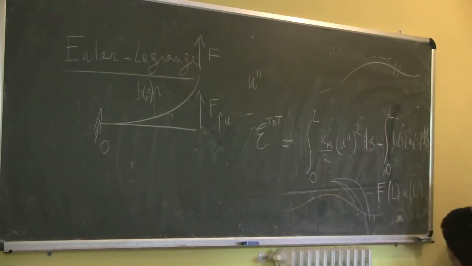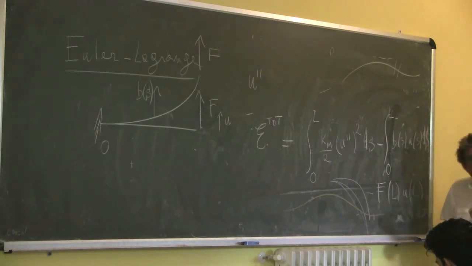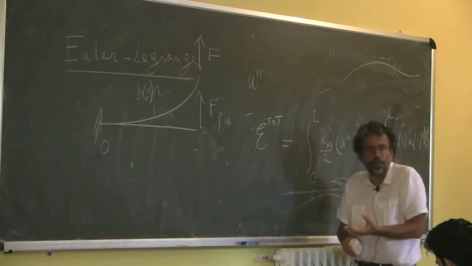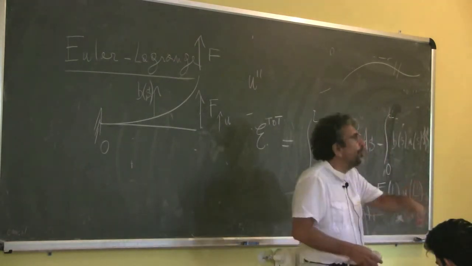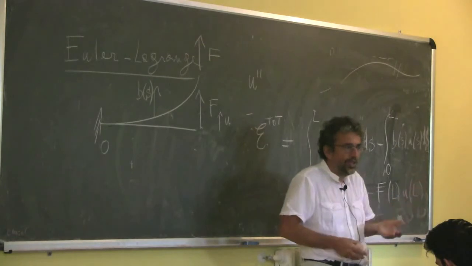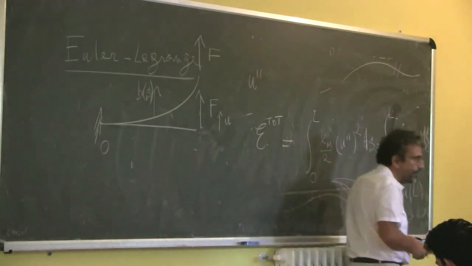So equilibrium is a configuration in which the system remains without moving if you place the system in that configuration with zero velocity. So the equilibrium is, in a sense, a particular motion, the motion to remain without changing the configuration.